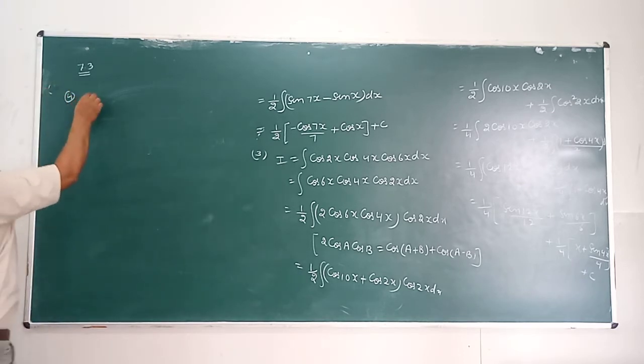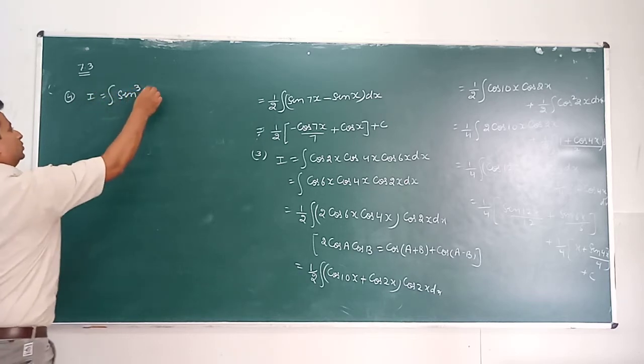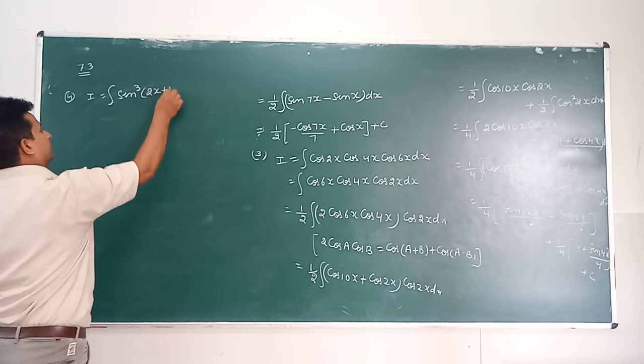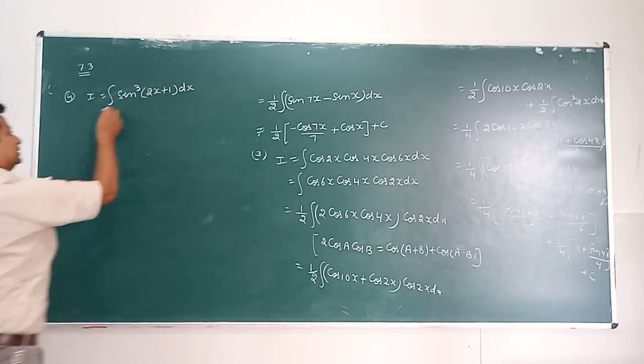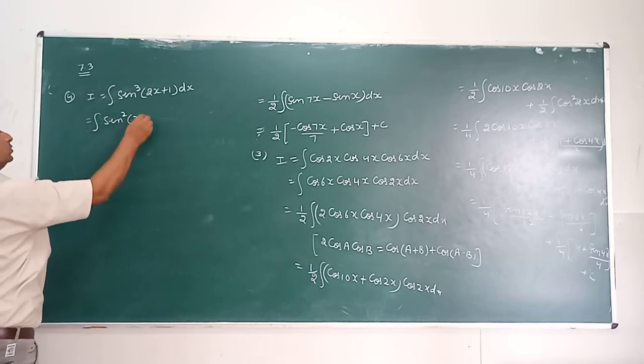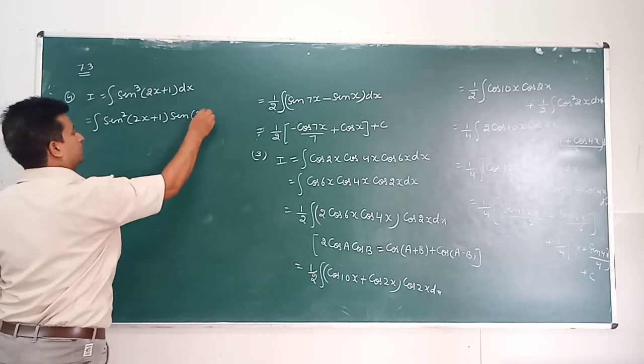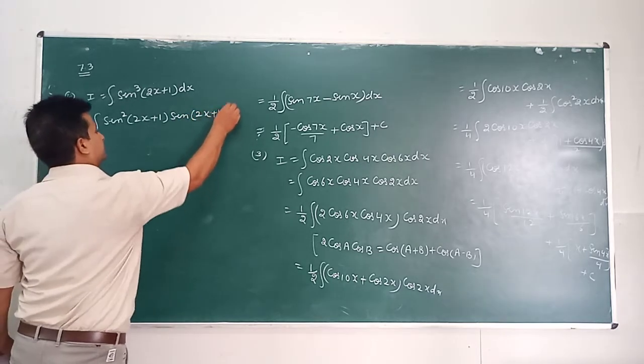I is equals to the integral of sine cube of (2x plus 1). We write this odd power as sine square (2x plus 1) into sine (2x plus 1) dx.